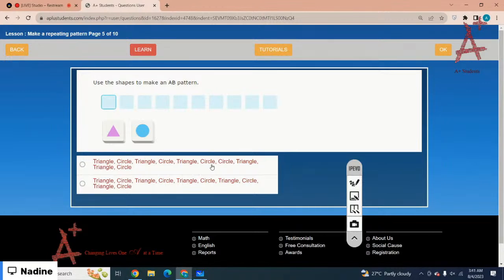One, two, three, four, five. Option number two is the correct option. You can see here you have circle and circle, right? So option two is the correct option.